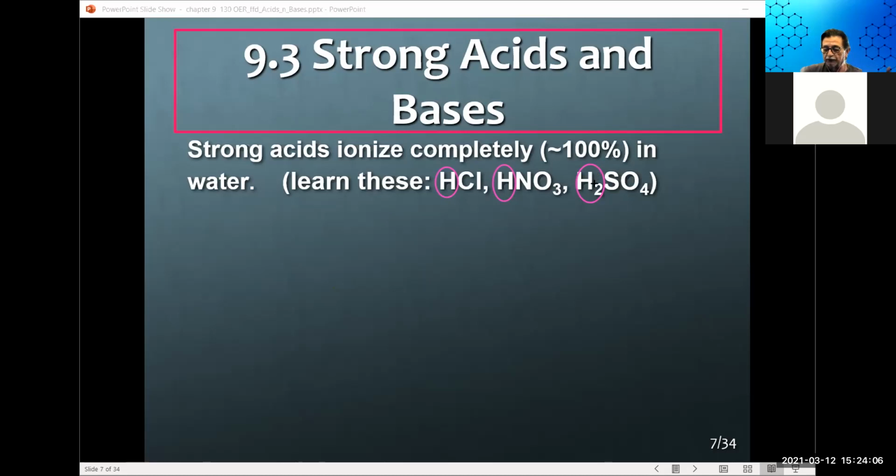Second way to look at this is look at the counter ion, because we know the hydrogens end up with a proton, right? Look at the SO4. Doesn't that look familiar from the polyatomic ions? In fact, SO4 -2. And that's how we make the sulfate. We take sulfuric acid, H2SO4, treated with a base. It reacts with the 2 hydrogens it has to end up with a -2 charge on the SO4. Doesn't the NO3 look familiar?